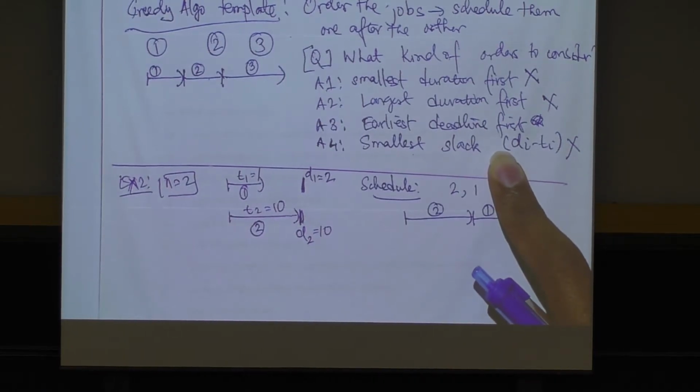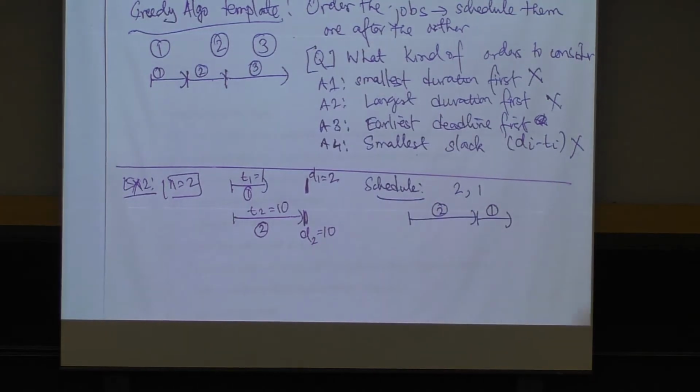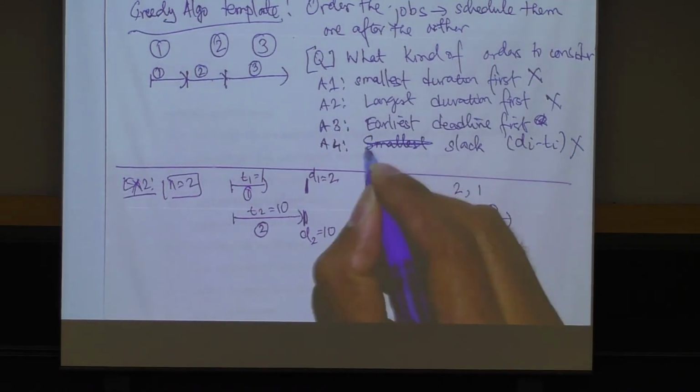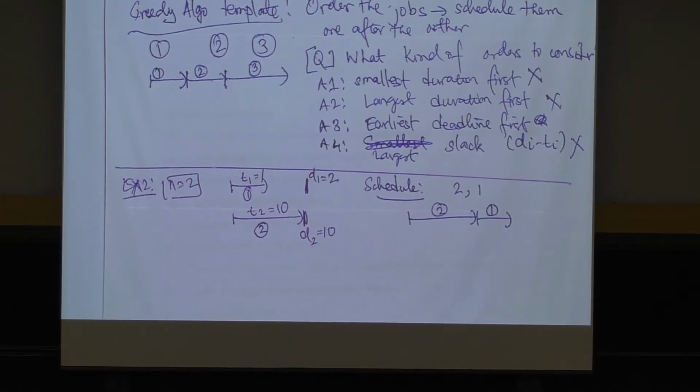Wait. I'll cheat. What I meant was largest slack. So the intuition with doing largest slack, now obviously you know it's false, but if you erase your memory for the last few minutes, large slack is good because it seems to give you more time to schedule other stuff later on.